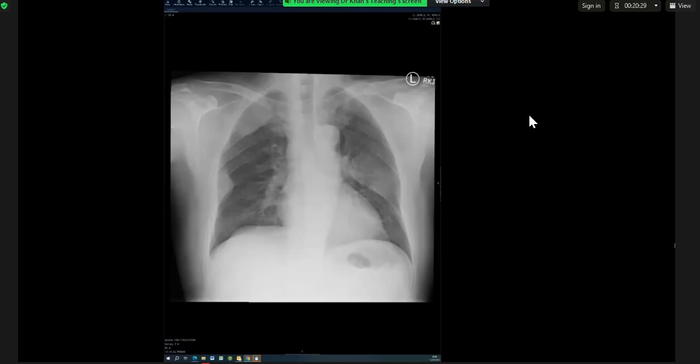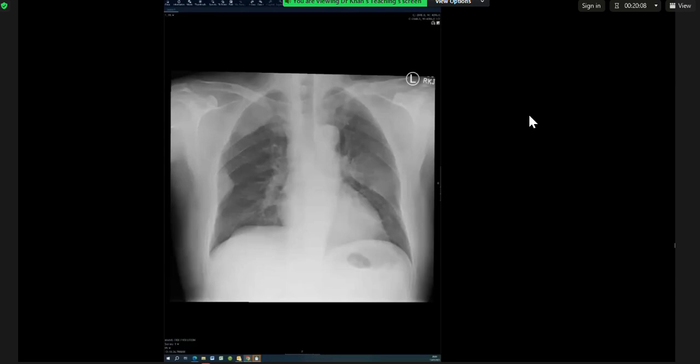In the left mid-zone, although the opacity has an ill-defined border, particularly superiorly, I think it's pleural-based as well, because it has an incomplete or ill-defined margin on one of the sides.